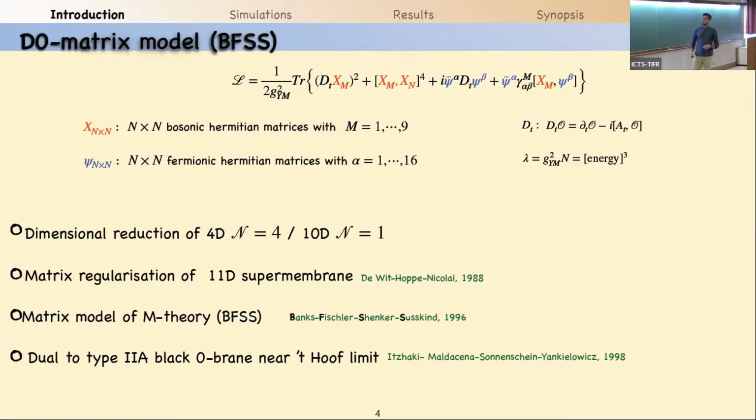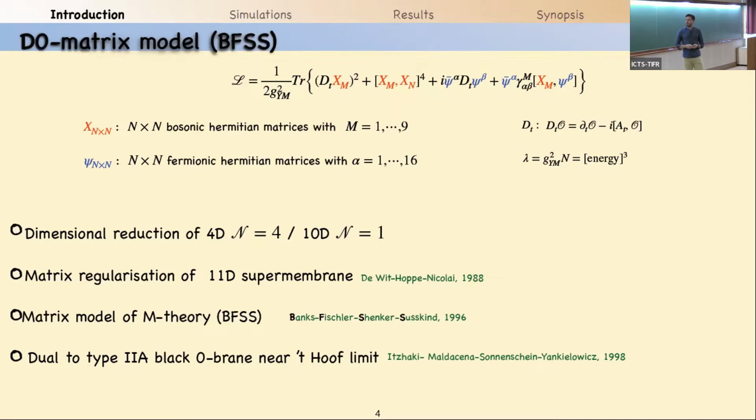And of course, you can arrive at this model as a dimensional reduction from different dimensionalities with different supersymmetries. It first appeared in the literature by Whithope and Nicolai in '88, which was proposed to regulate the 11-dimensional supermembrane.